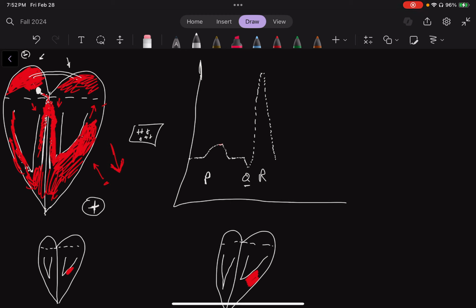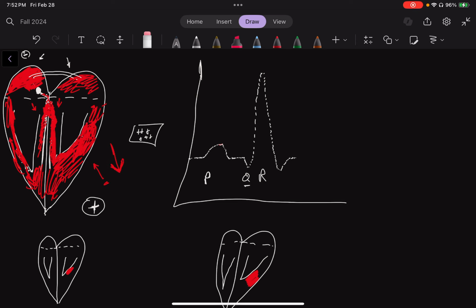That's a negative charge going towards a negative charge, so that will cause a further deflection downwards. And then once that electrical gradient is zero, right? The electrical field is zero in the sense that the entire heart is now depolarized. That brings it back to the isoelectric point.